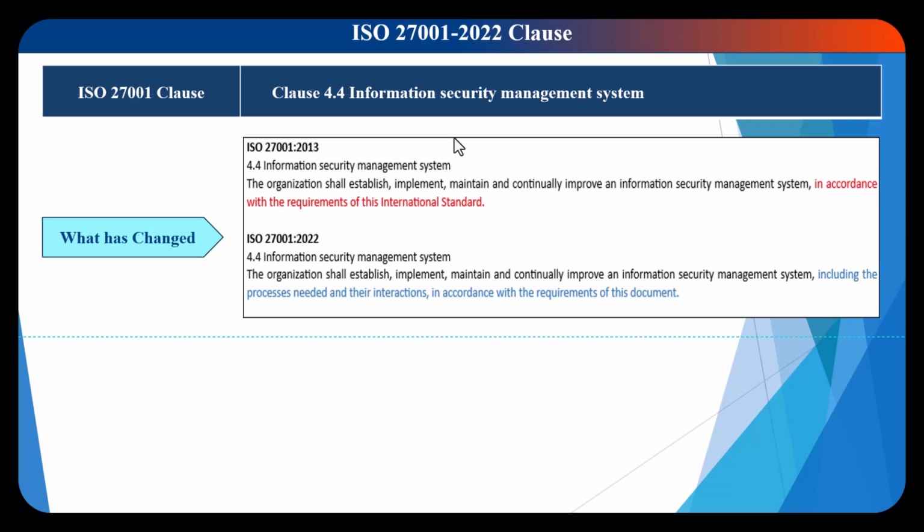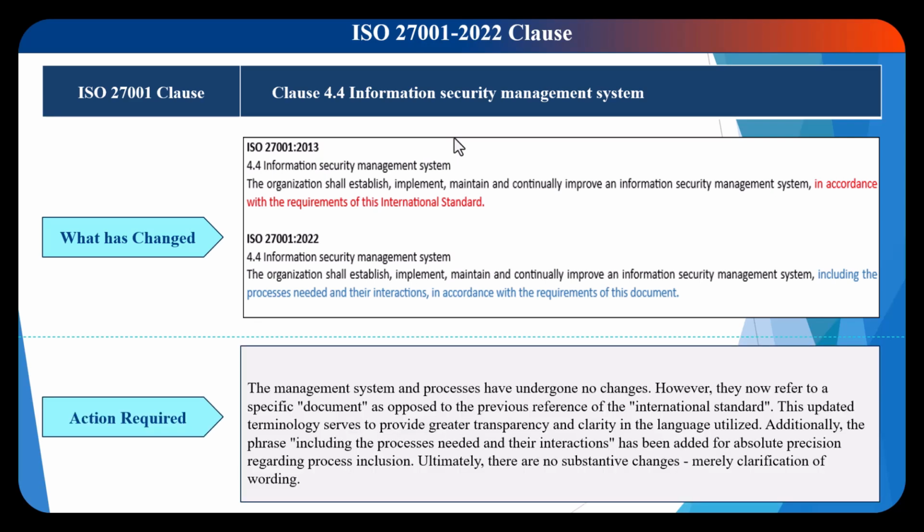In the 2022 version, it reads, the organization shall establish, implement, maintain, and continually improve an information security management system, including the processes needed and their interactions in accordance with the requirements of this document. That's the only thing changing in clause 4.4. So obviously the action required is for you to go and update the verbiage. That's all you got to do.